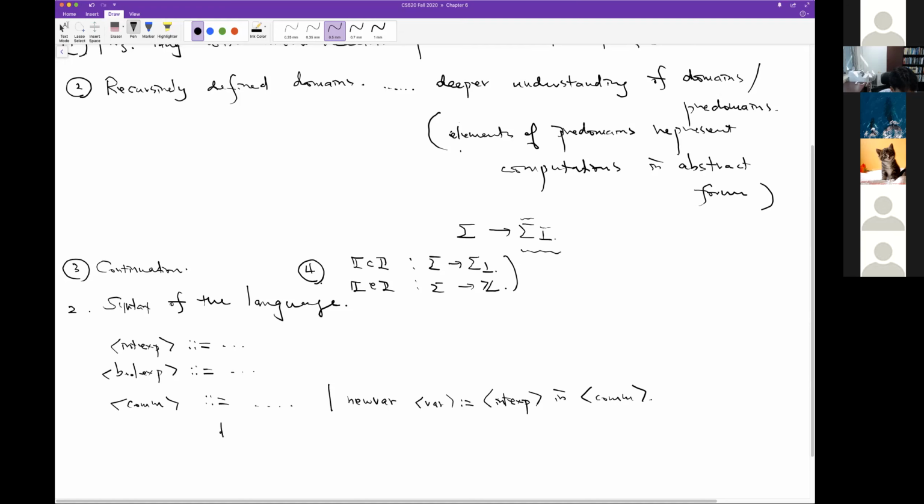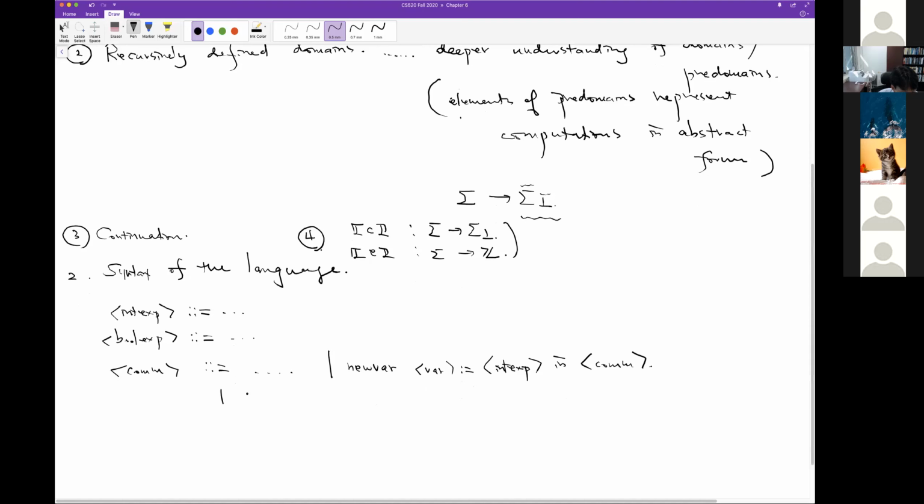Then we will look at a few more cases. The first case is failure. You can think of it as an exit in C-like languages, or as raising an exception which will never be caught in Java. So failure means stopping execution. And then we will also consider two more commands.